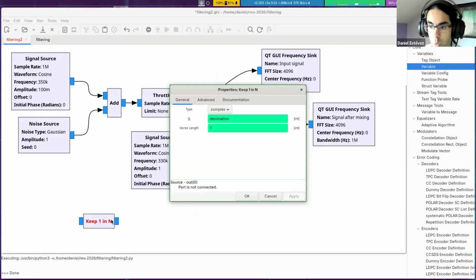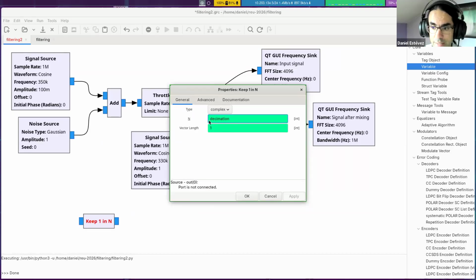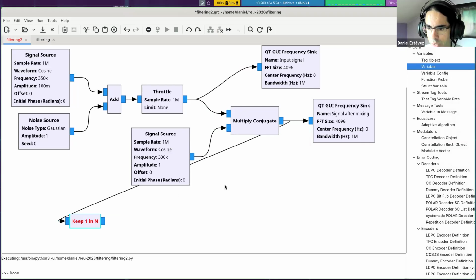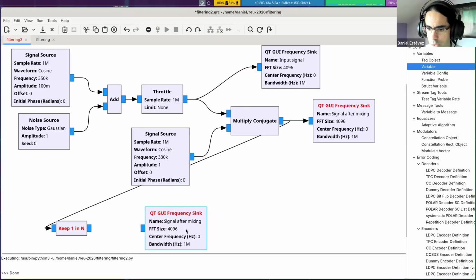So keep 1 in n becomes keep 1 in 10, and this will keep the first sample in every block of 10 and discard the remaining 9. So that's the operation I want to do. I already mentioned that it's problematic, but we want to do it nevertheless to see why it causes problems.